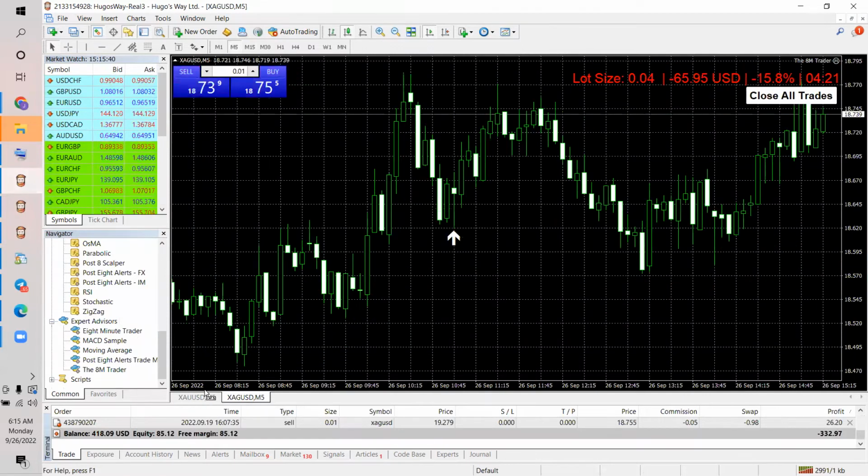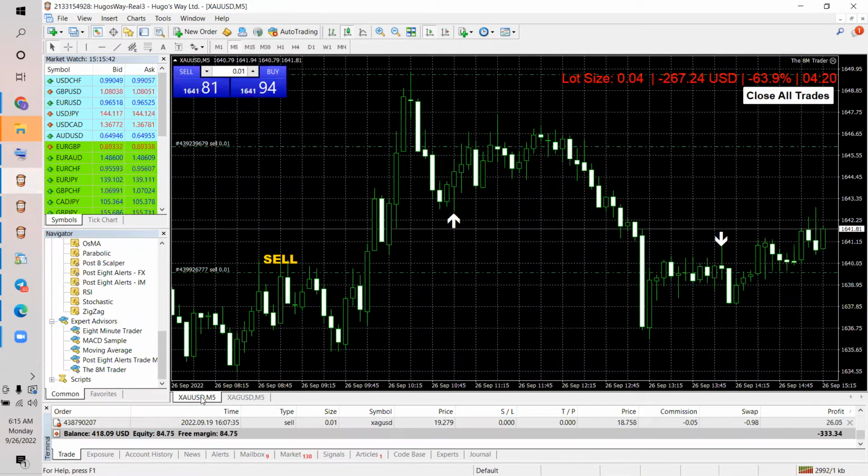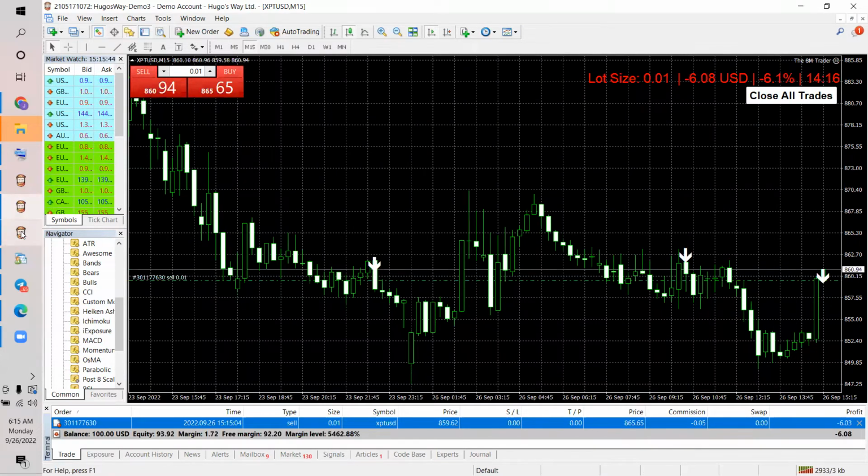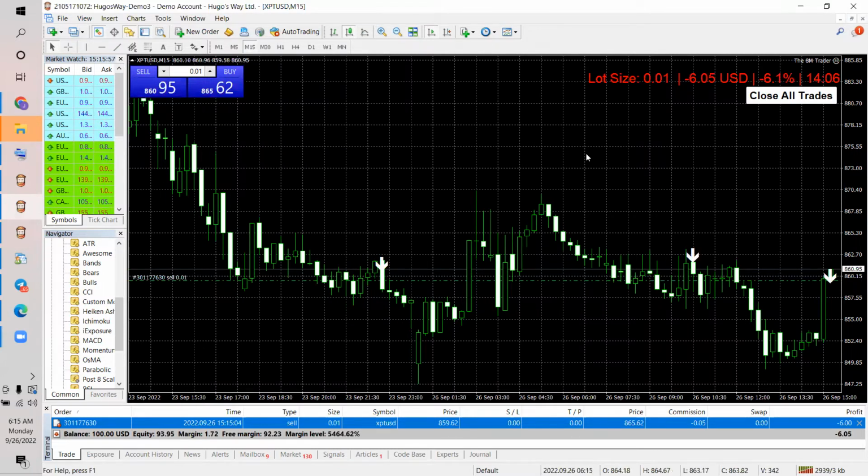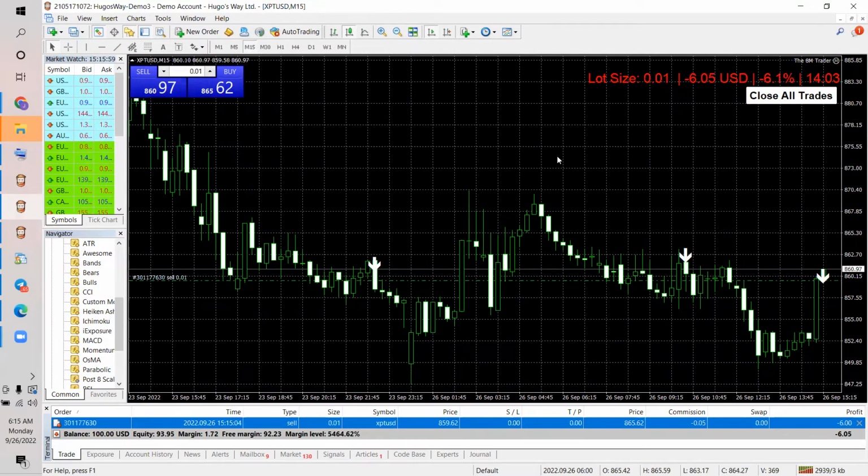And then gold and silver we're still waiting on an opportunity at this particular point in time. So we'll allow this candle to work, and we will be able to see how this particular candle behaves as we move forward.